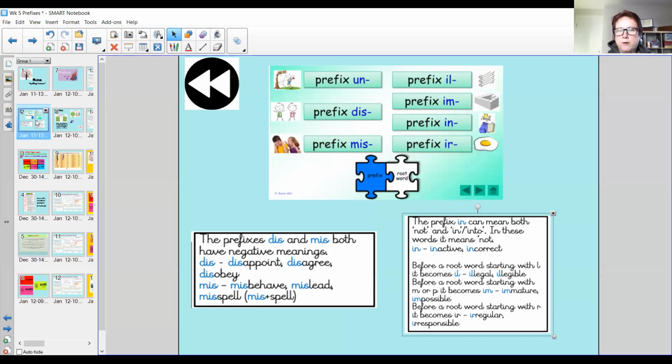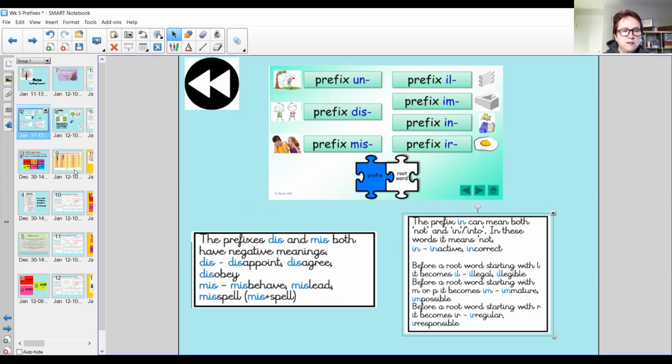These prefixes helped us to know, when we had the root word, what prefix to use before. So like legal started with an L, so we knew we needed to have IL. The un, dis, and mis, we all know that they have negative meanings. So hopefully that wasn't too bad last week.